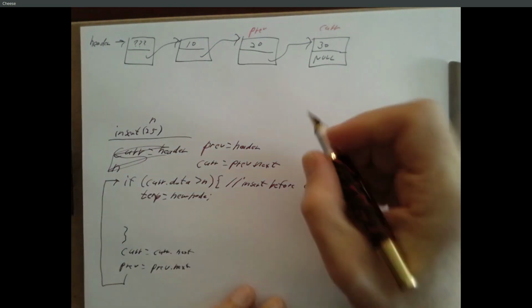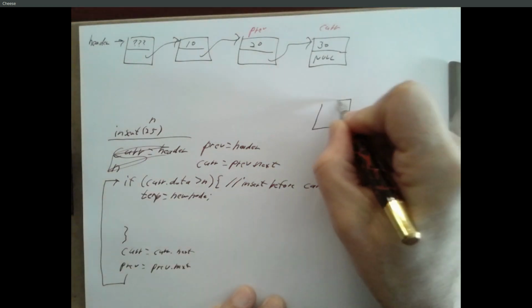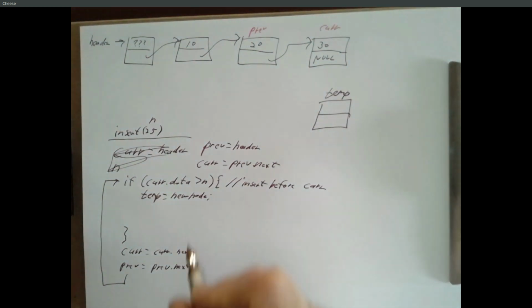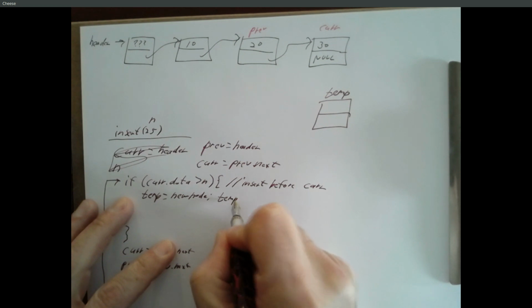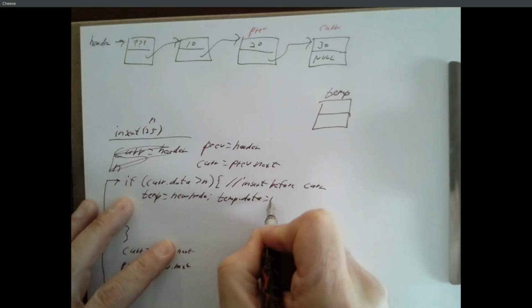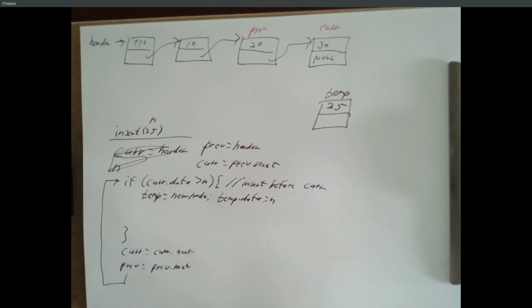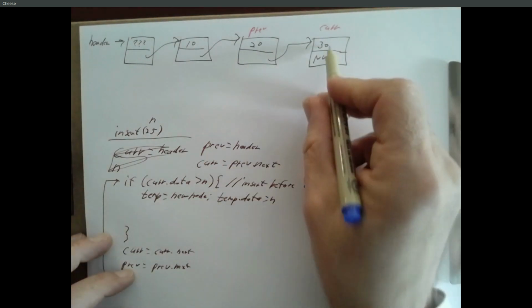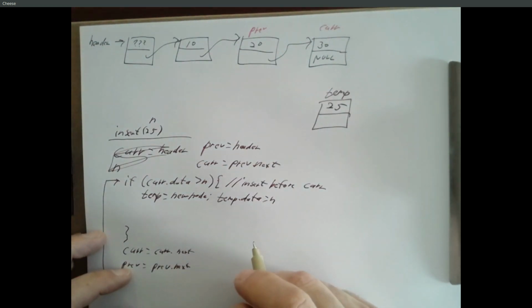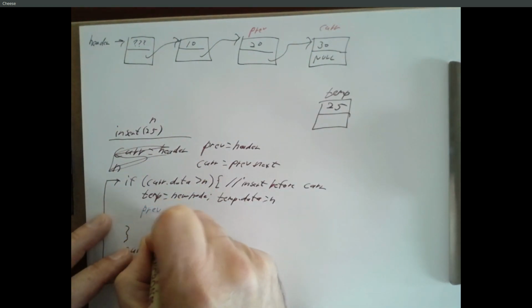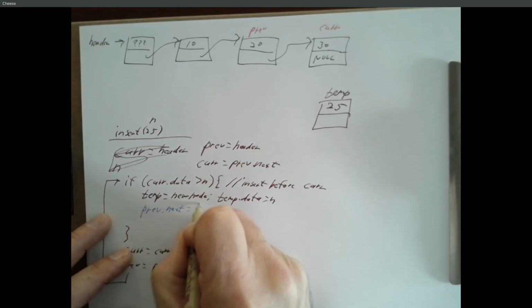Okay, so we've got a new node. We're calling it temp. And we want to set its data value to n, so that'll put a 25 there. And then two adjustments to make. Previous needs to point to temp. Temp needs to point to current. So previous.next equals temp.